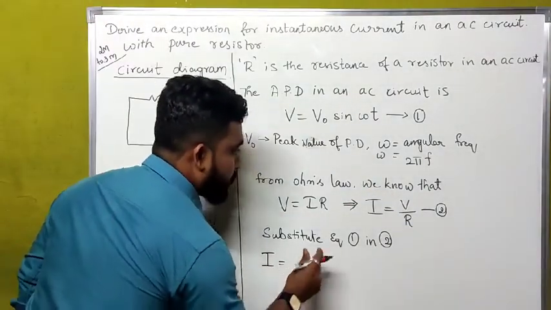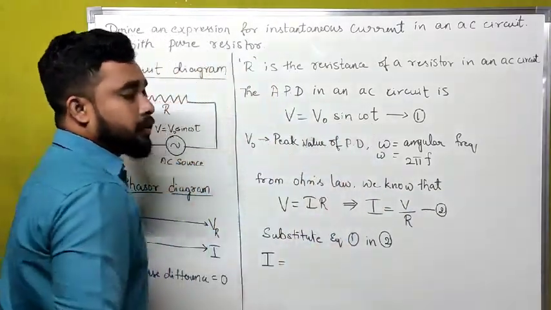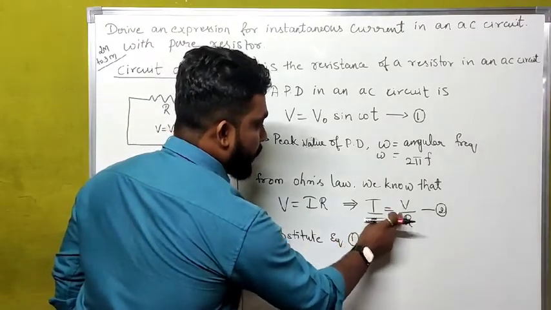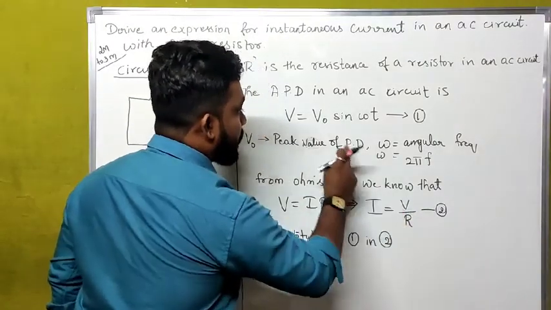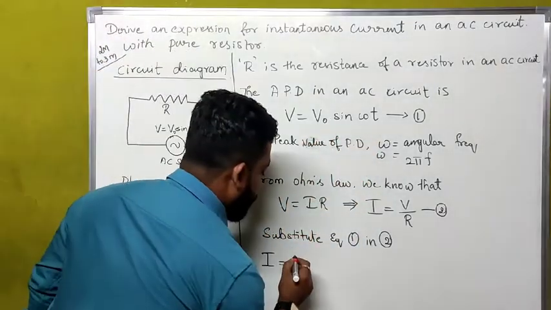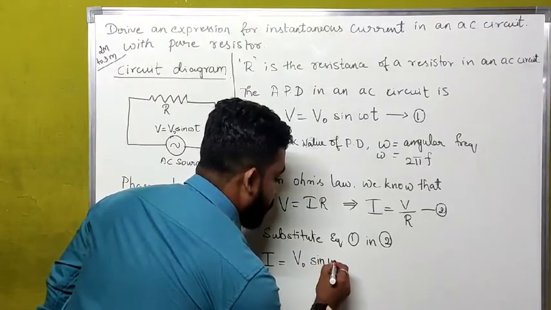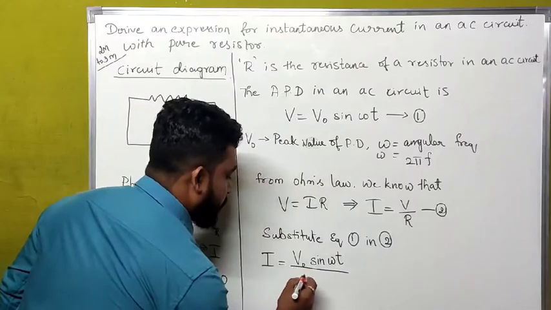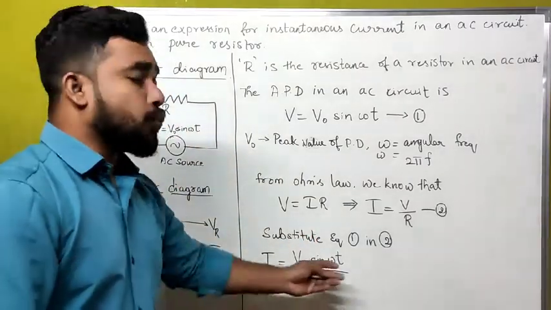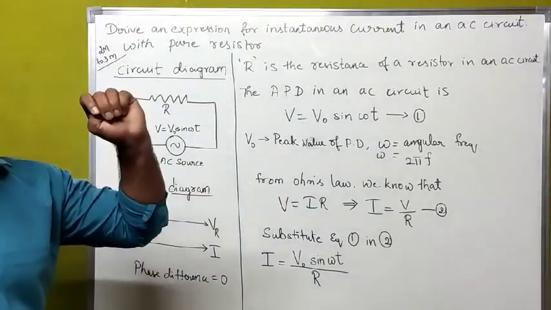I is equal to, for the value of V, we have to substitute the whole thing here. So I is equal to V divided by R. Instead of V, I am going to write V naught sin omega t. Then what we will get is V naught sin omega t divided by R. This is our new expression for current for this AC circuit.